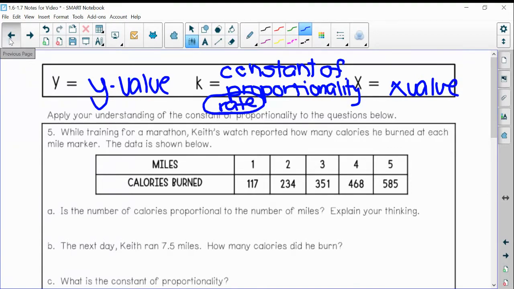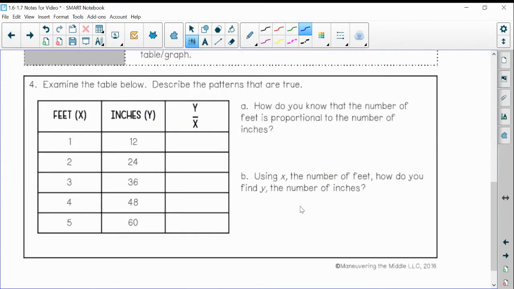All right, you got that? Cool. So now let's practice some of it.